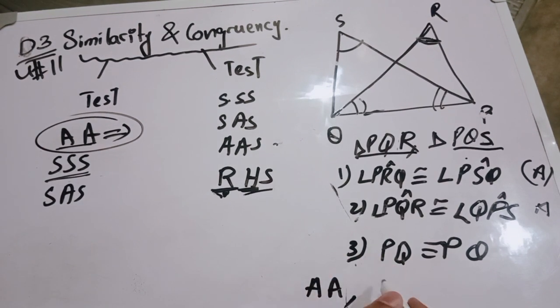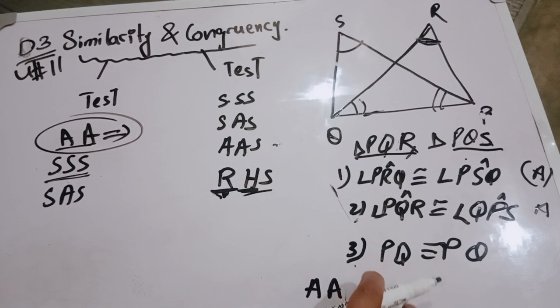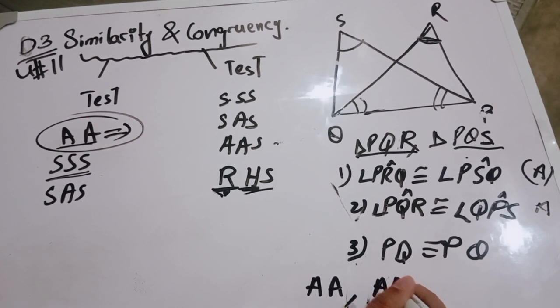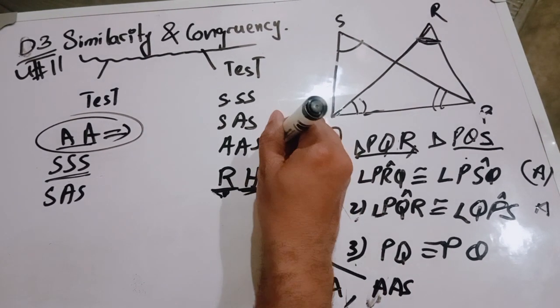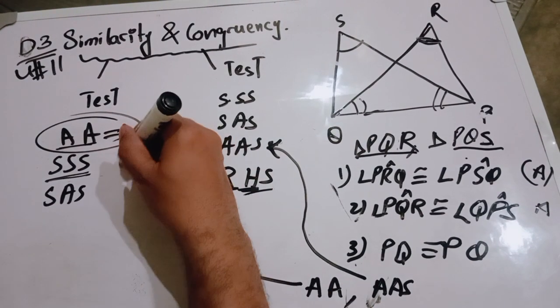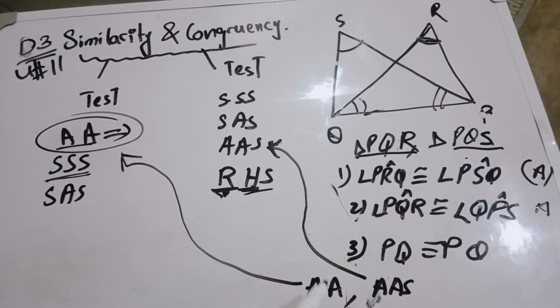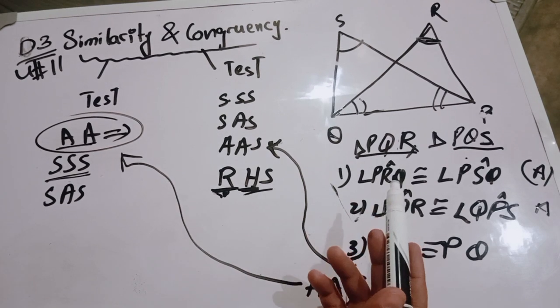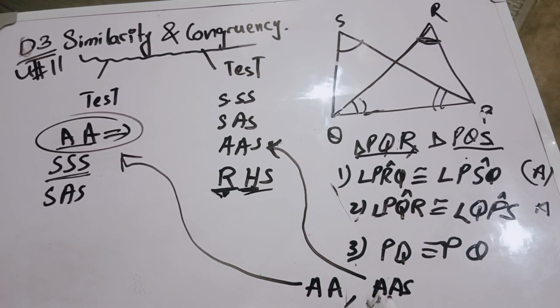And secondly, if I talk about congruency, that is AAS, in congruency, and this was for similarity. At the same time, the given pair of triangles are similar as well as congruent, because one side is common, PQ is common in both the triangles, and angle PQR and QPR is one given angle which is the same, and then the second angles PSQ and PRQ are also the same angles.